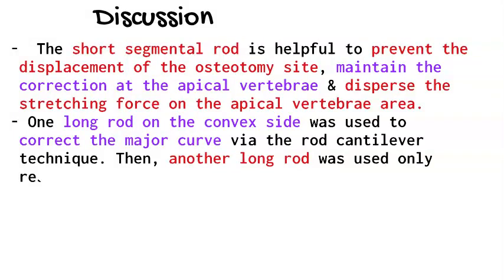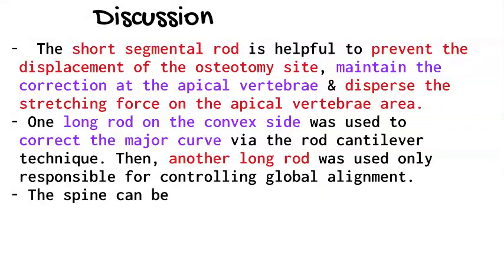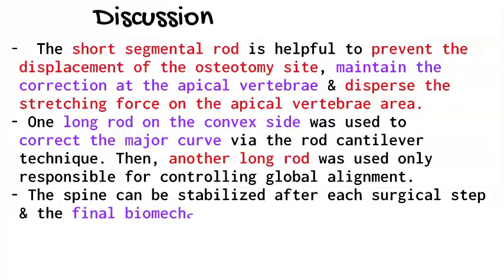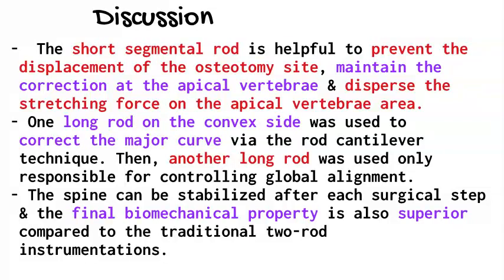Then another long rod was used only for controlling global alignment. The spine can be stabilized after each surgical step, and the final biomechanical property is also superior compared to the traditional two-rod instrumentation.